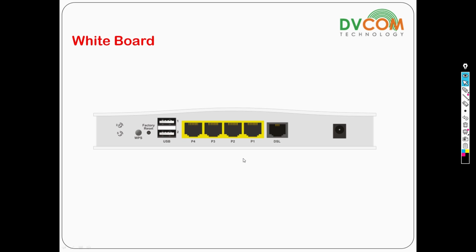So far we have configured multiple subnets and we shifted the ports. Okay guys, this is what I'm trying to say. Port number 1 we kept into the LAN 1 subnet. Port number 2 we kept into the LAN 2 subnet. Port number 3 we kept into the LAN 3 subnet.